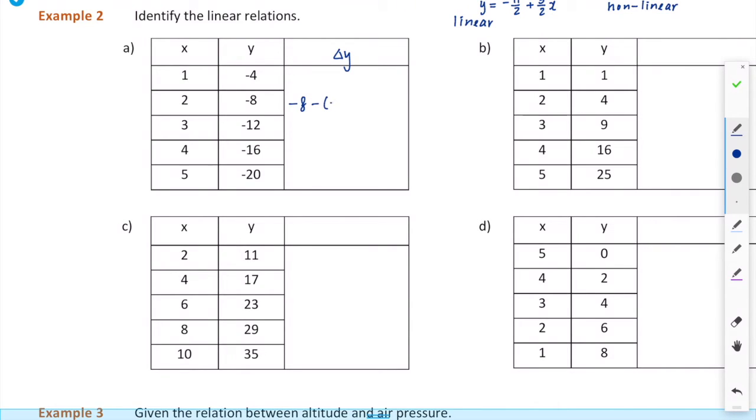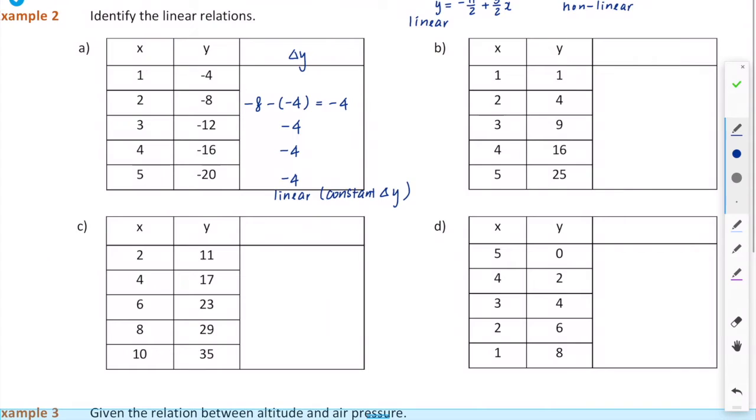Once again, -8 minus -4, -8 plus 4, -4. -12 minus -8, so -12 plus 8 is -4. -16 minus negative, so plus 12, -4, -4. So because delta y is constant, this is linear because you have constant delta y.